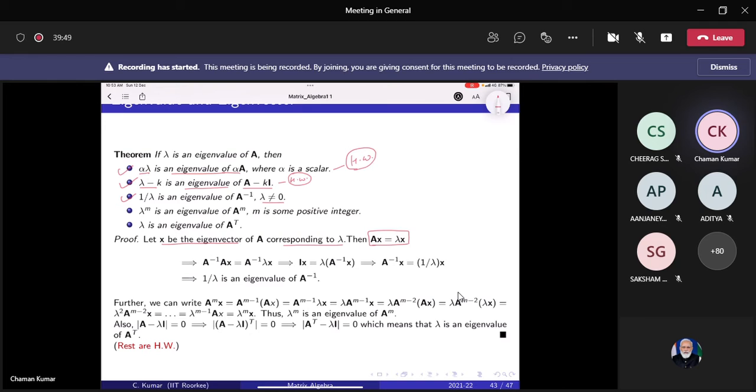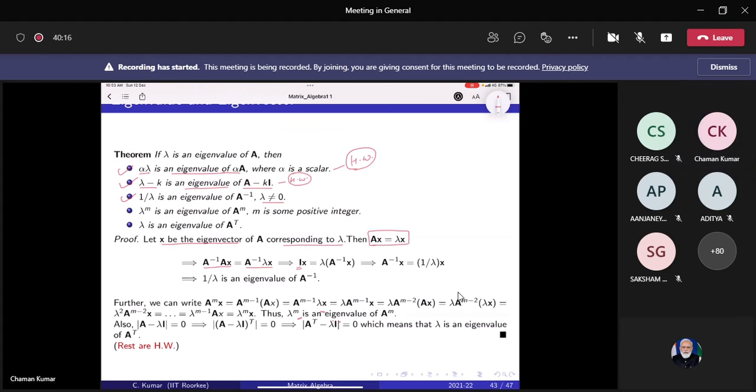Now A is invertible, so we can pre-multiply this equation by A inverse. On the left hand side, you have A inverse Ax. On the right hand side, you have A inverse lambda x. A inverse A will become the identity matrix, so the left hand side will be Ix.